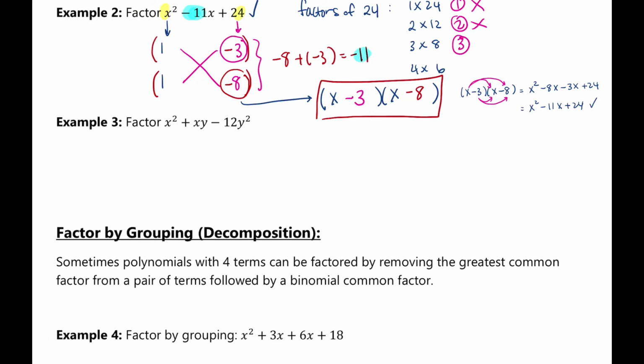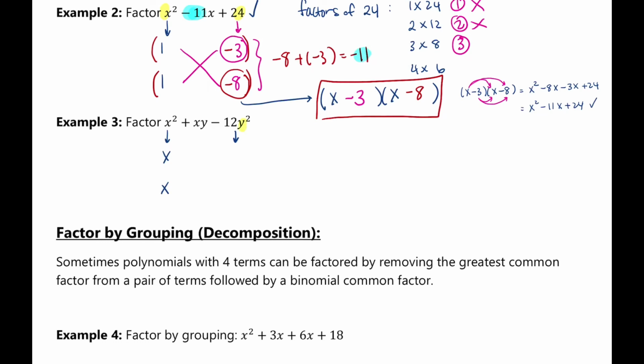Factor x squared plus xy minus 12y squared. All right, so this time let's go straight into finding factors. If you prefer, you can rewrite this as x times x instead of 1. In this case, it might be preferred because we have a different variable, y.